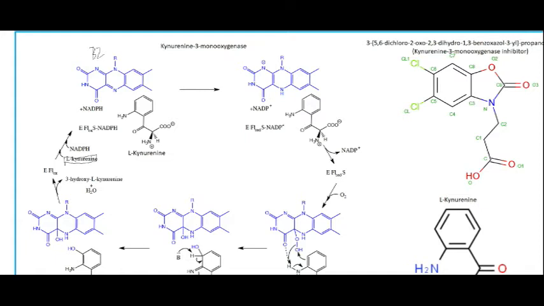And so this NADPH is actually going to give electrons to the FAD, which is actually what's in the active site of the enzyme. And so we can see this is being reduced so that we have this negatively charged nitrogen here, and we now have a hydrogen on this nitrogen here. And so from here, this actually shows that we're bringing oxygen into the active site here, and it's going to bind onto this carbon right here.